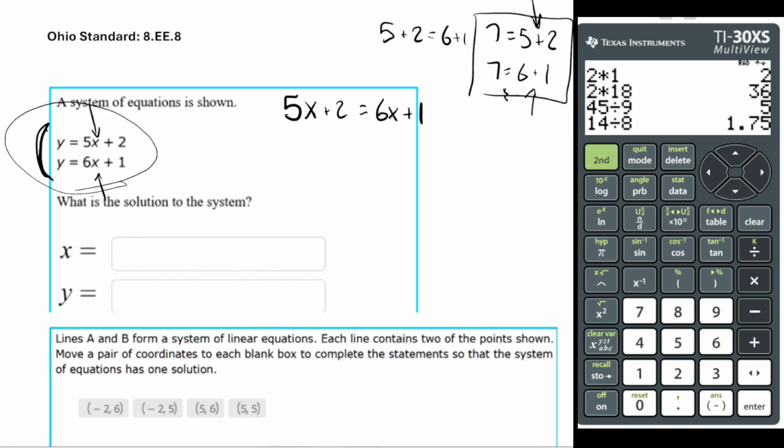So we're going to solve for x, because our goal with solving a system of equations is to get it so that you only have one variable. That way you can solve for that variable. We're going to follow our same steps of equation solving as we normally do.